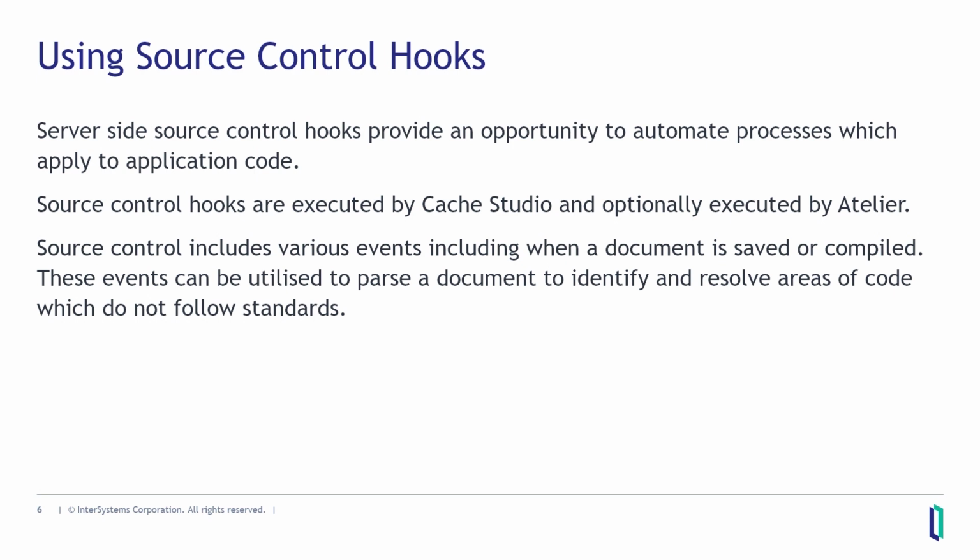But what we found that we really enjoy about using the source control hooks to do this is that when I type some code into Studio and then I compile it, I can see that outcome right away. If there's a potential issue that's been identified, I can resolve it then rather than waiting until later on, and get that immediate feedback.